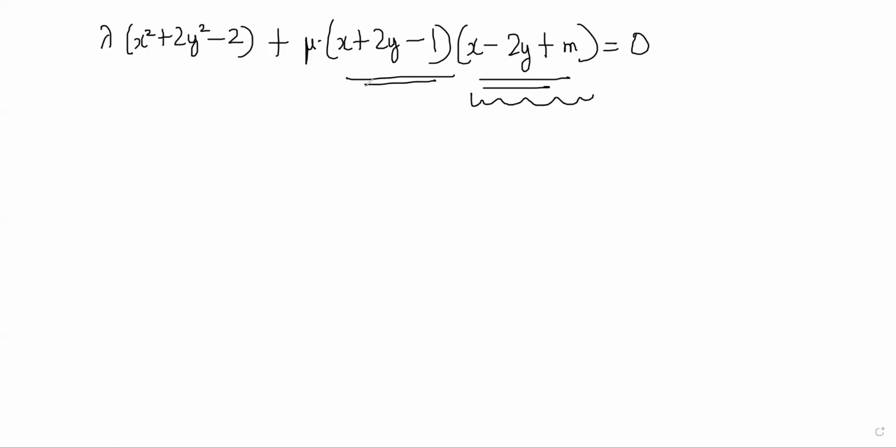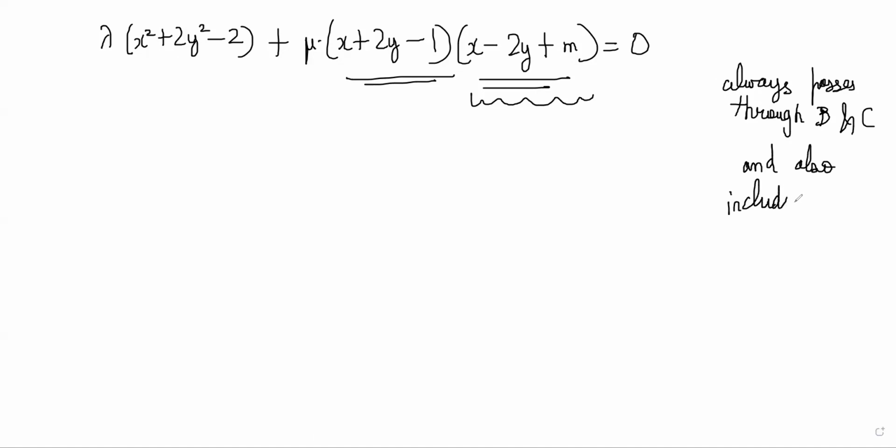Because we want to make this general equation such that it always passes through B and C, and also includes all possible conic sections through B and C, which means circles through B and C. How do I make sure that there are circles passing through B and C?